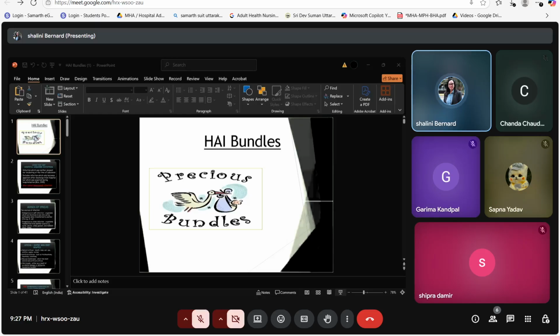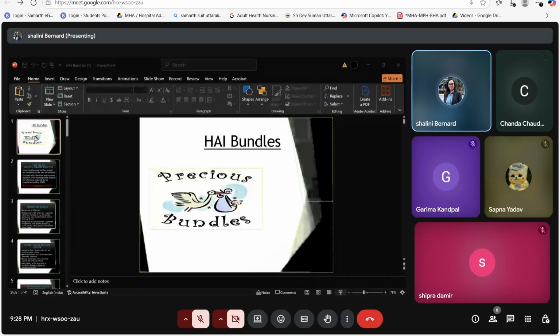CAUTI bundle, catheter-associated urinary tract infection bundle. So catheter securement, flow system, drainage bag. As per our protocol, we have to secure the catheter on the thigh.